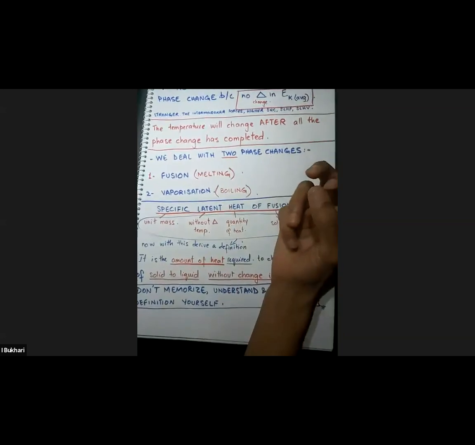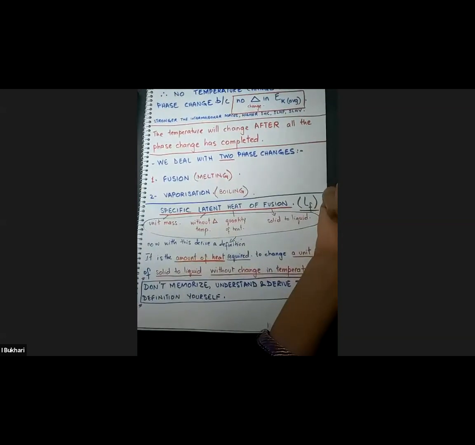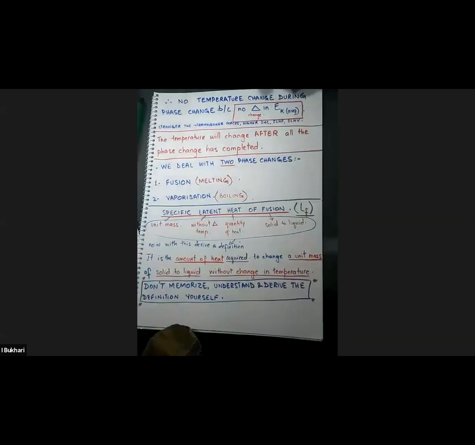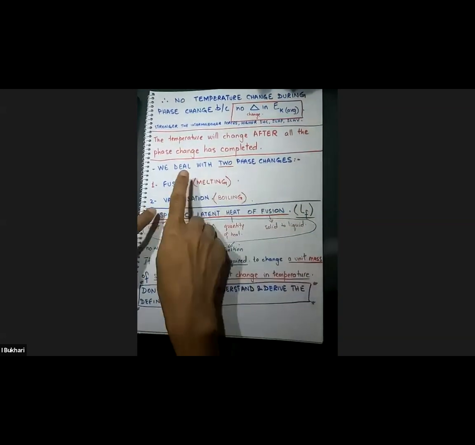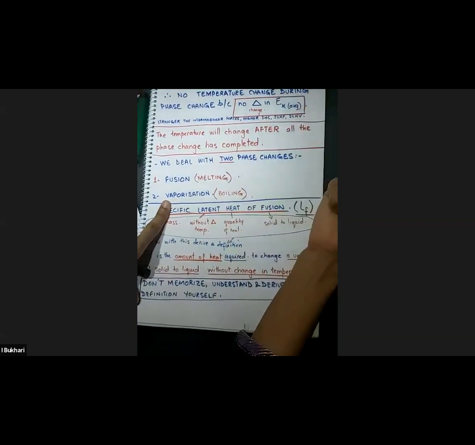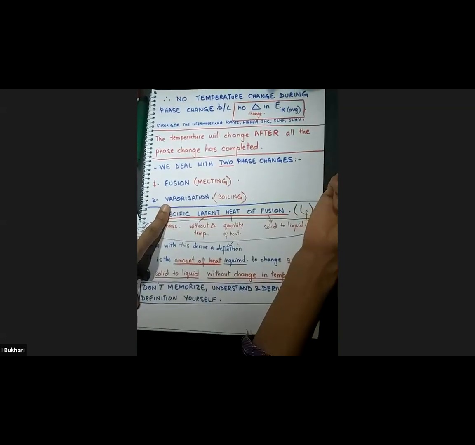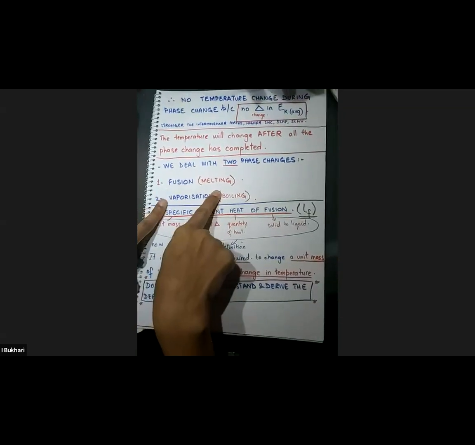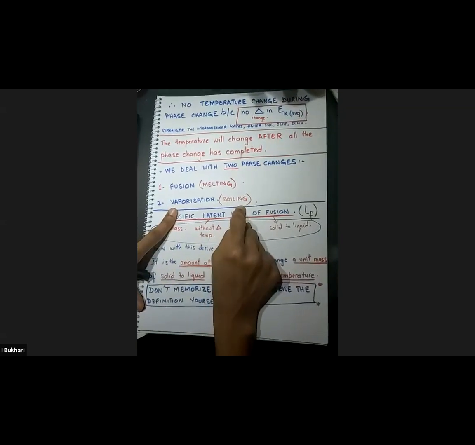Higher attractive forces mean more energy required to pull away from each other, and therefore more energy required to change from solid to liquid and then from liquid to gas. So the stronger the intermolecular forces, the higher the specific heat capacity, the higher the specific latent heat of fusion, and the higher the specific latent heat of vaporization. Fusion is just another term for melting, and vaporization for boiling.